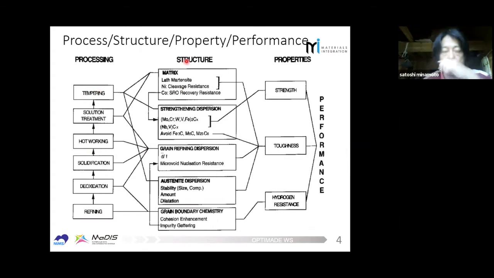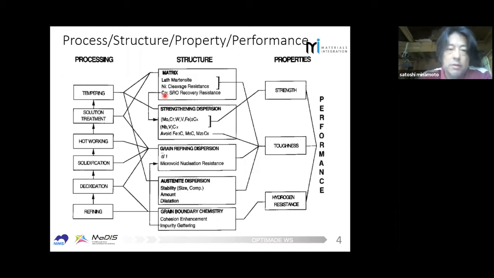And the structure means the information about the microstructure, what kind of phases are included, how the segregation is, or the distribution of the grain size or the precipitation or something like that. And after that, the properties are determined by the structure. Including environmental or geometrical boundary conditions, final performance will be derived from properties.